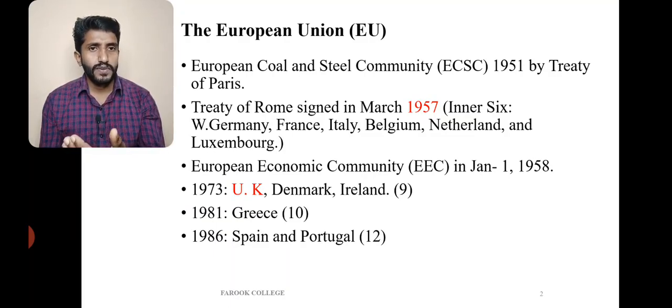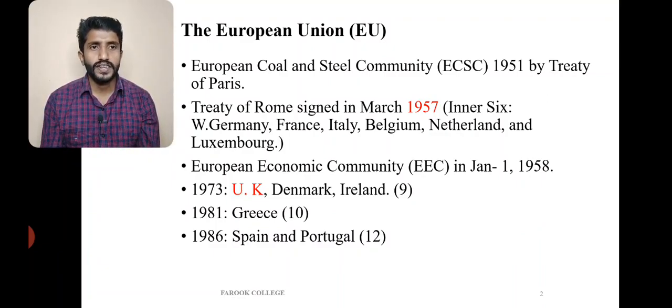But from that community, through the Treaty of Rome, which was signed in 1957, 6 European countries, also known as the Inner Six, firstly West Germany, France, Italy, Belgium, Netherlands and Luxembourg, formed an association, and it is known as the European Economic Community, EEC.